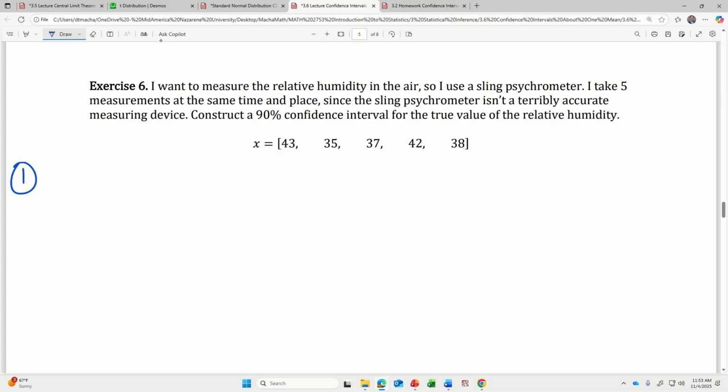Step number 1, since I don't already know the sample mean, we've got to find the sample mean. We've got to add up all of these numbers and then divide by 5.